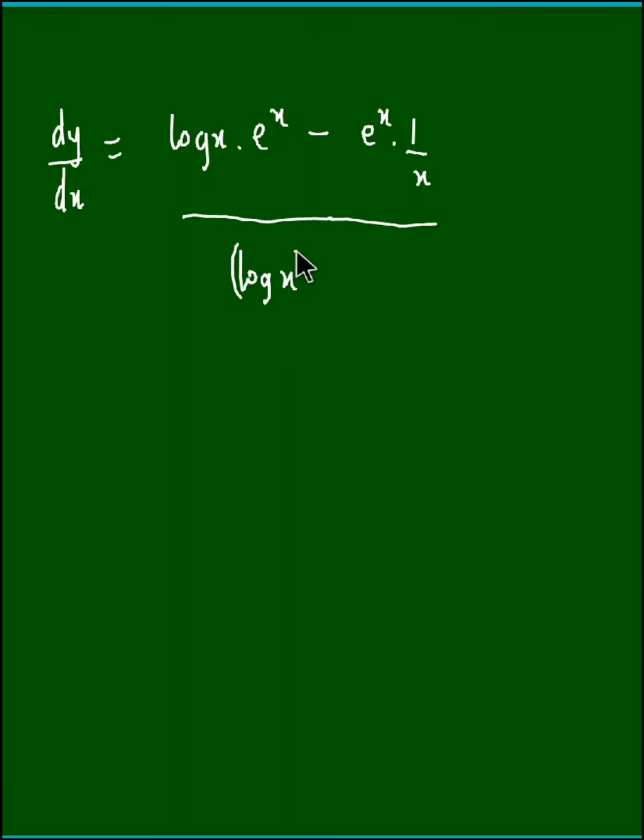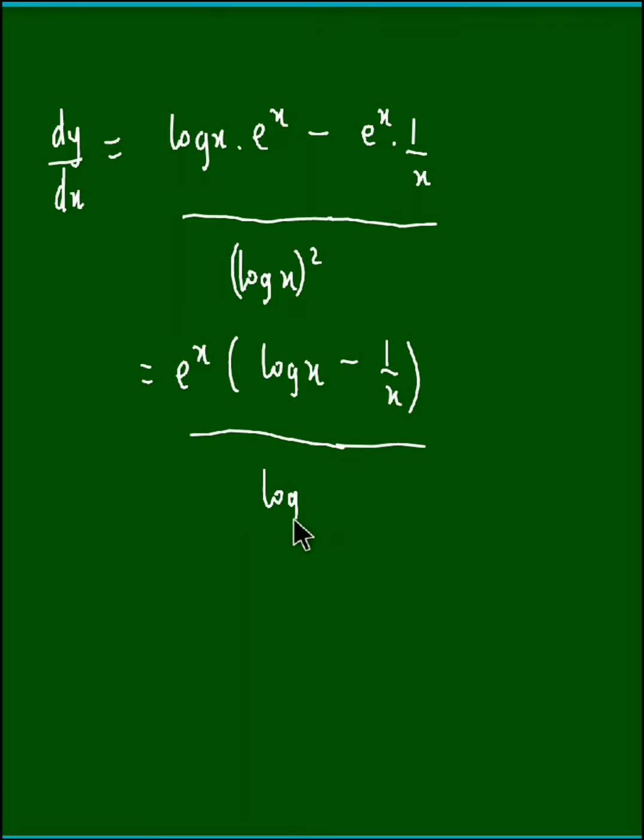And the numerator, we could take e raised to x as the common factor. So if we take e raised to x as the common factor, we obtain log x minus 1 by x divided by log x the whole square. Now let us equalize the denominator over here.